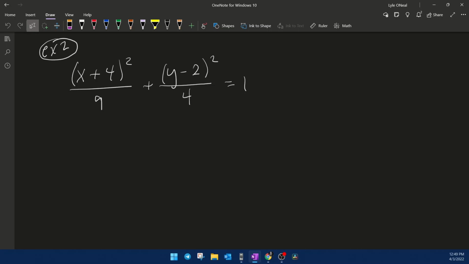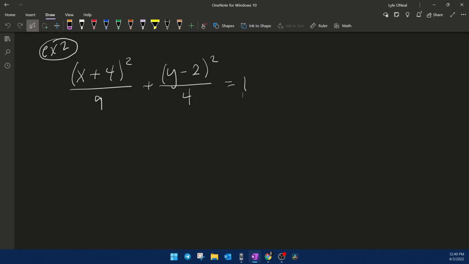And then you would need to FOIL both of the numerators here. Once you get rid of the fractions and the parentheses, you would move everybody over to the left so that you could set that equation equal to 0. And so that is the process that you would go through to go from standard form into general form.